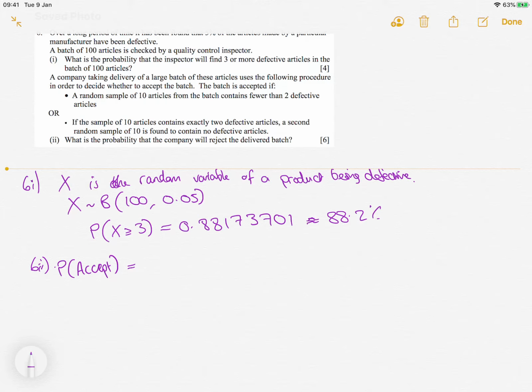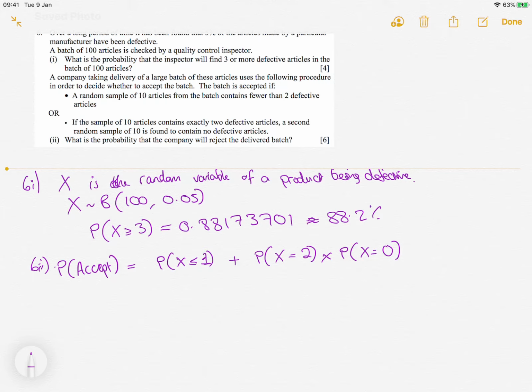So the probability to accept is the probability that they find fewer than 2, so that's X less than or equal to 1. I could have also written that as less than 2, plus, because it's an OR scenario, plus the probability that X is equal to 2, so they find exactly 2, and then after that, so it's almost like a tree diagram following it, you find 2, and then we're going to times it by the probability that there's none after that.